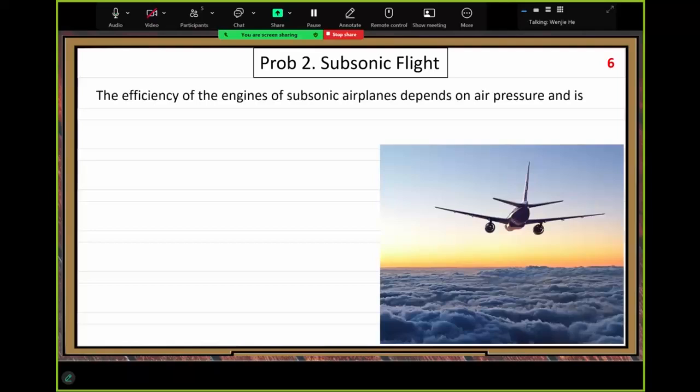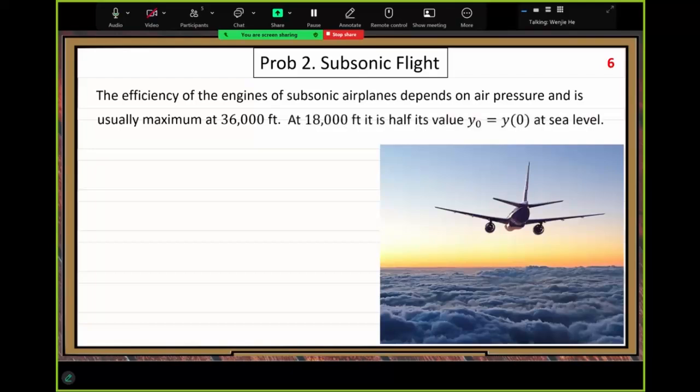The question: the efficiency of the engines of subsonic airplanes depends on air pressure, and is usually the maximum at 36,000 feet. So here we consider this flight, the maximum height it can fly, that high.